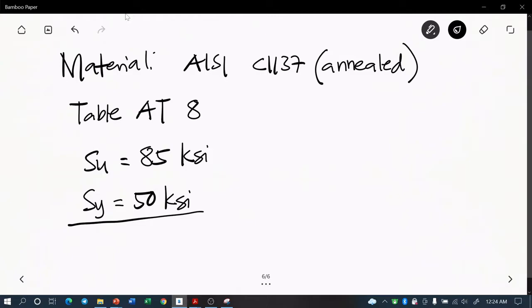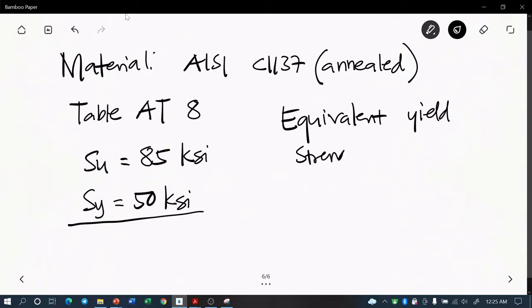Now we're going to get the equivalent yield strength in shear, denoted by S sub ys.